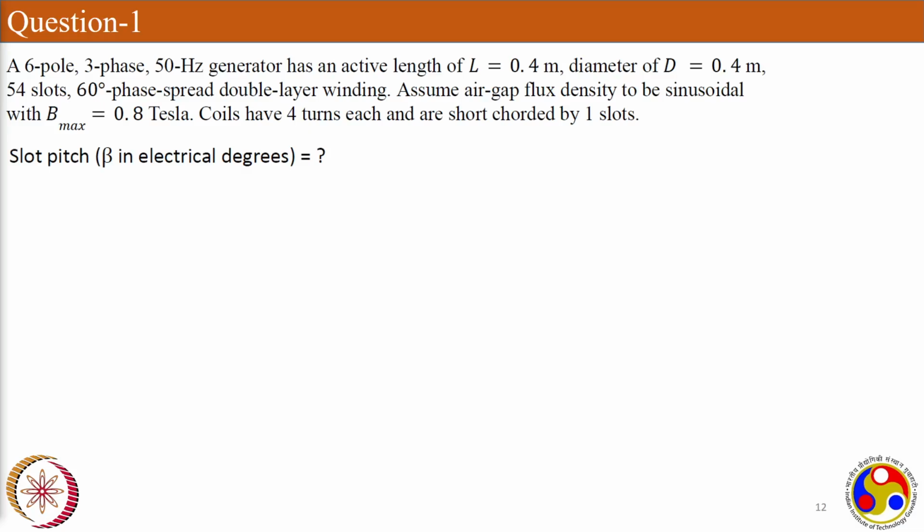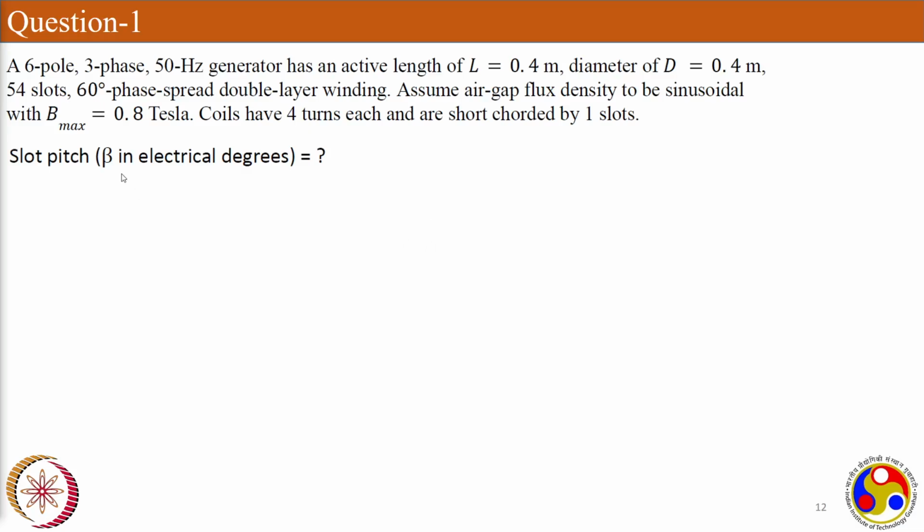Here we were given the details of a generator, a 6-pole 3-phase 50 Hz generator having a length and diameter, slots, phase spread. It's a double layer winding. Assuming air gap flux density to be sinusoidal with B max 0.8 Tesla, coils have 4 turns each and are short coiled by one slot. So all the details are here: short pitch, double layer, slots, phase spread. I hope this will jog your memory in reiterating all the concepts.